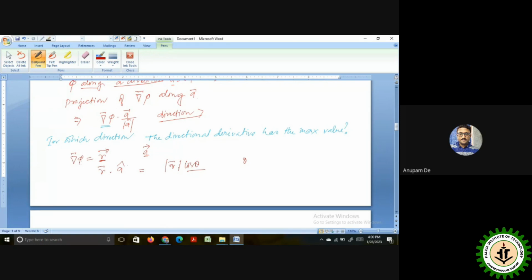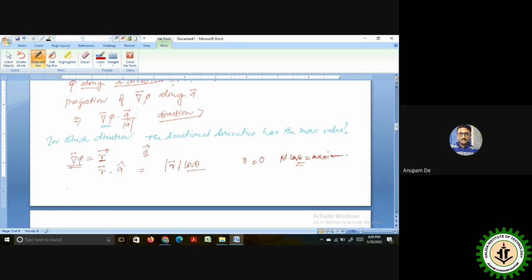For which value of theta does cos theta give you the maximum value? Whenever theta is equal to 0. For theta equal to 0, mod r cos theta is the maximum. And this is possible only when you are taking the directional derivative along the direction of grad phi.